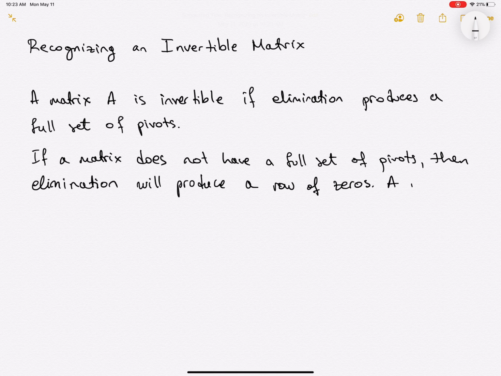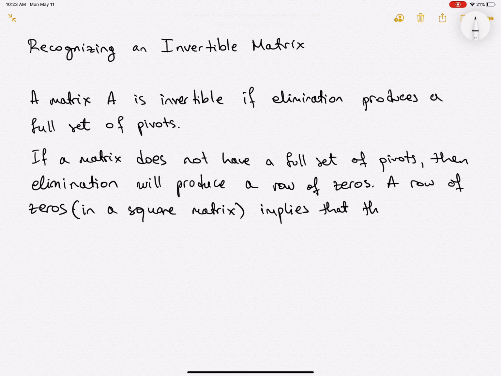So a row of zeros, and this is really in a square matrix, implies that the rows and the columns of A are linearly dependent.